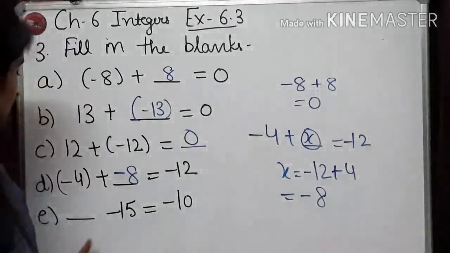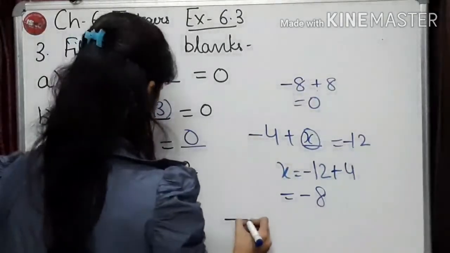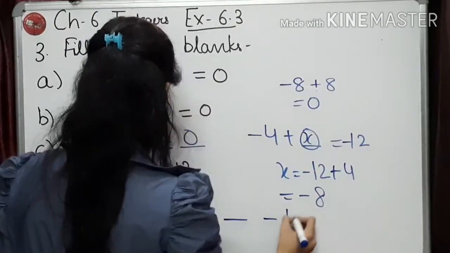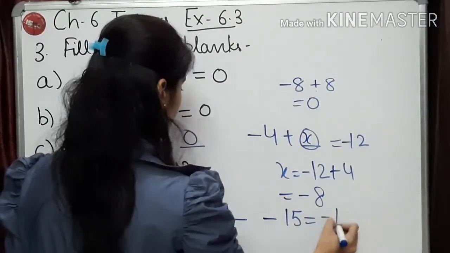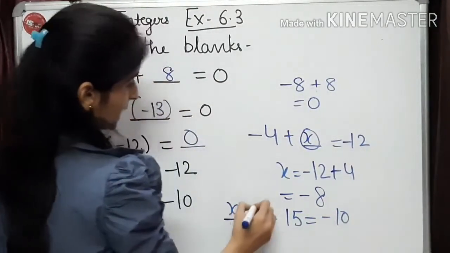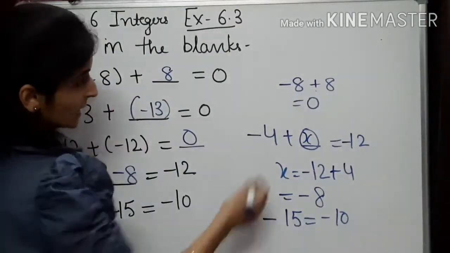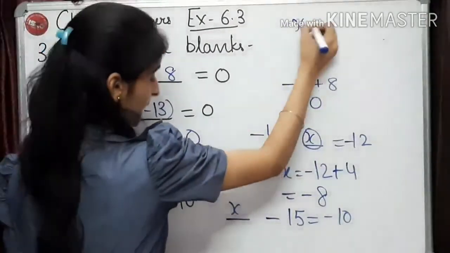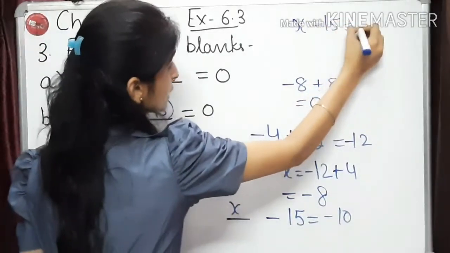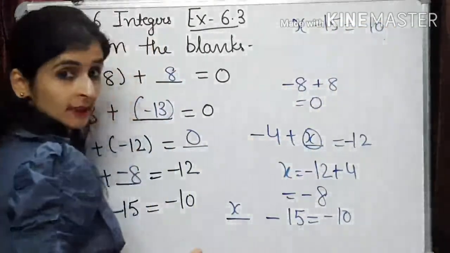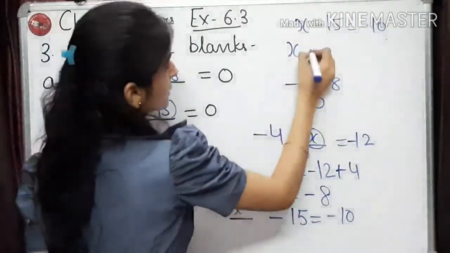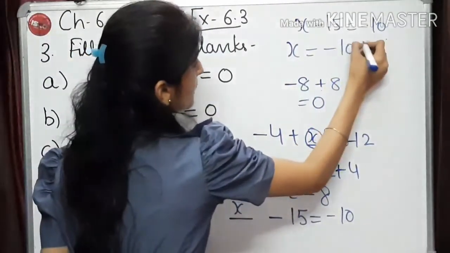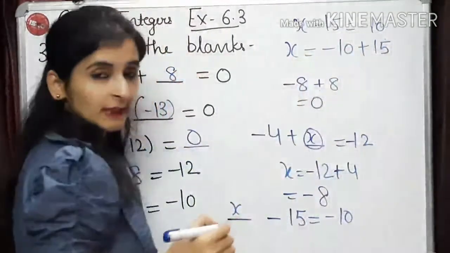Then again we have dash minus 15 is equal to minus 10. So again I am taking this is equal to x. I am going to solve here. X minus 15 is equal to minus 10. So x will be equal to minus 10 plus 15.